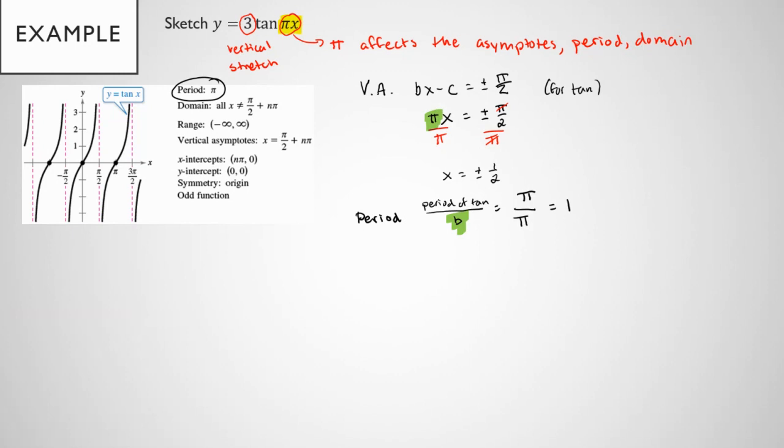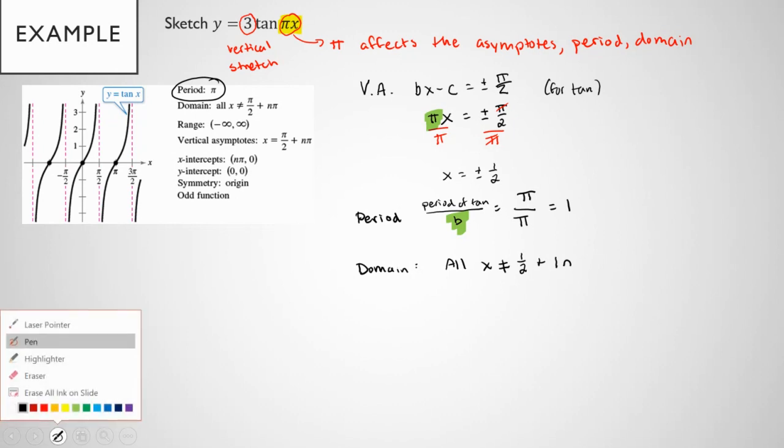So what this does is this tells us where our next asymptotes are. So your asymptotes are basically going to be based off of here, our domain. So I'm going to say our domain is all x except, so we can say not equal to 1/2 plus 1 times n. So you basically add 1 or subtract 1. If n is negative, then you're subtracting 1.